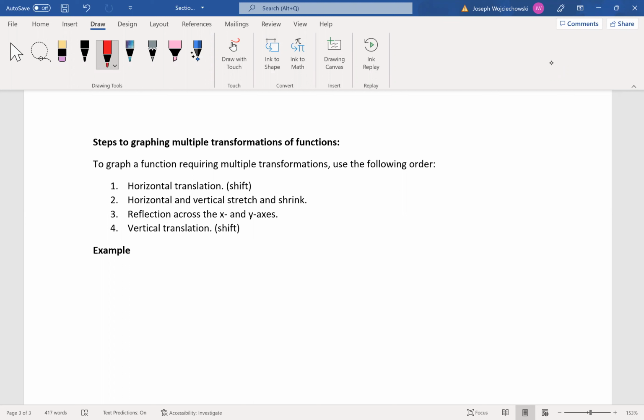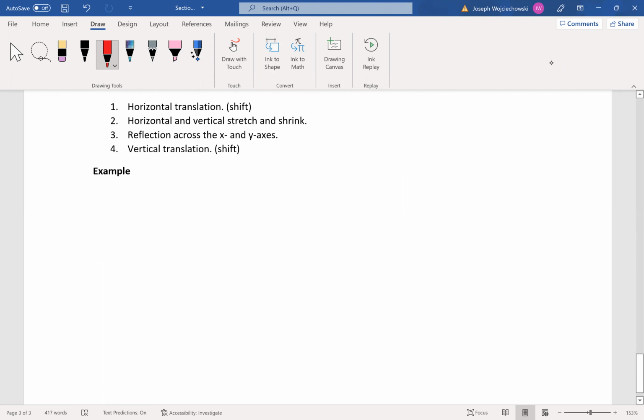So let's start with one, and let's keep it moderately simple. How about m of x equals -3 times the absolute value of x minus 2, minus 4. Now, me personally, I like to follow this step by step.